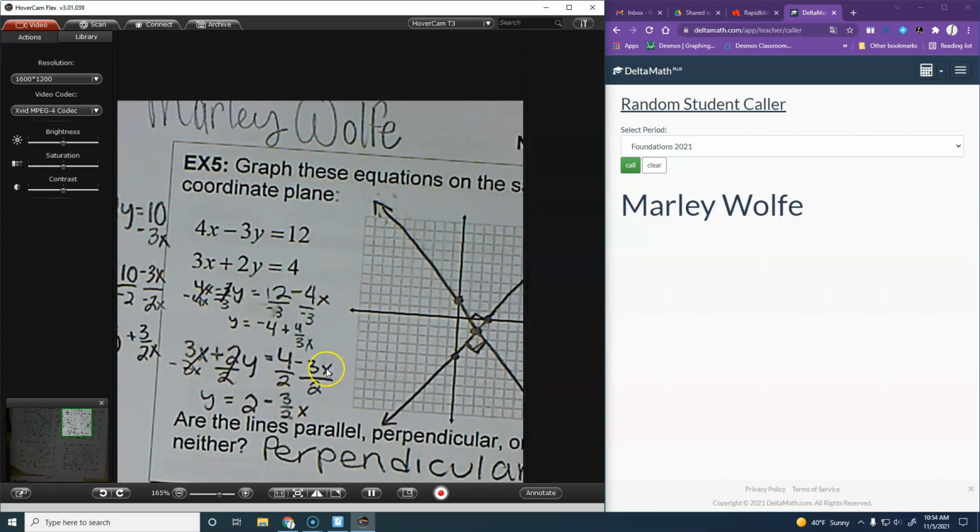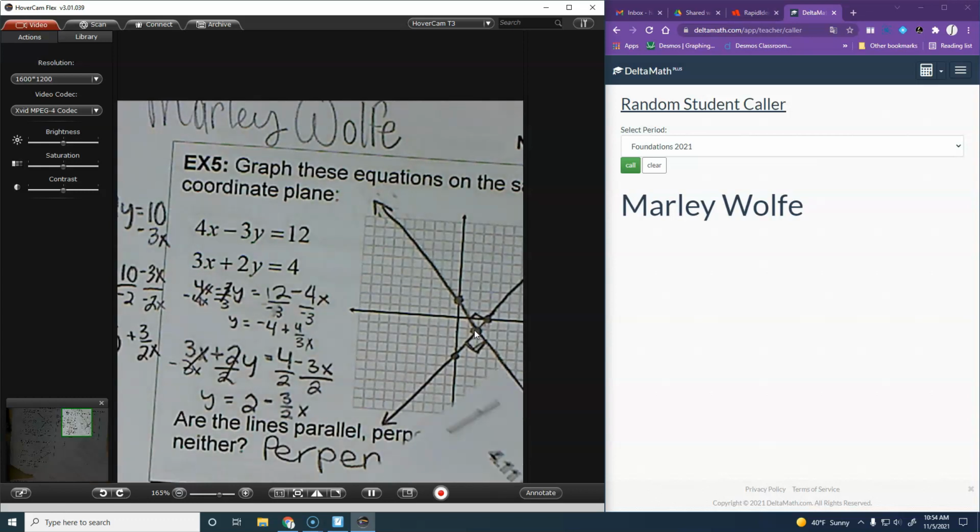Second line, we subtracted the 3 and then divided by 2. So that gave you 2 minus 3/2 x. So 2, and you should go down 3 to the right 2. Okay, I think that looks all right. All right, I think our lines are graphed correctly. The question is do you guys think that's perpendicular?